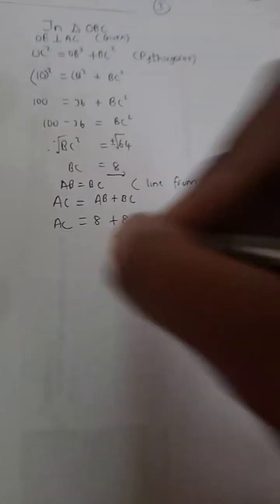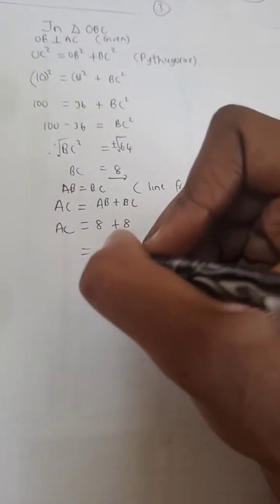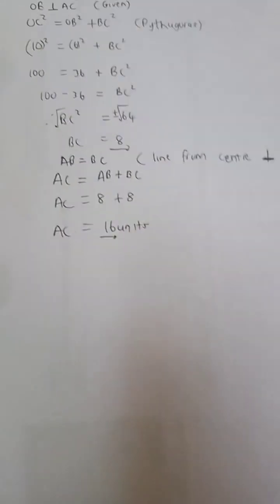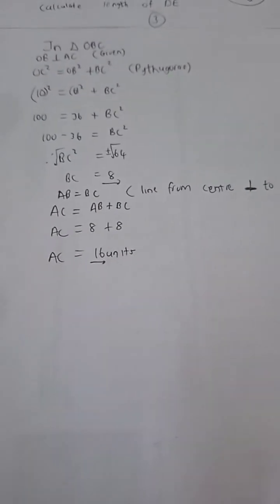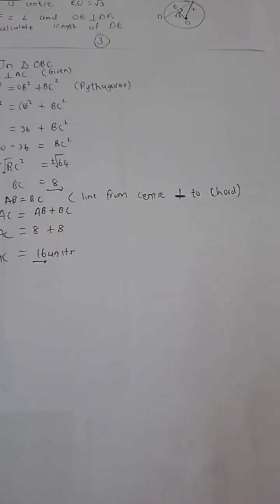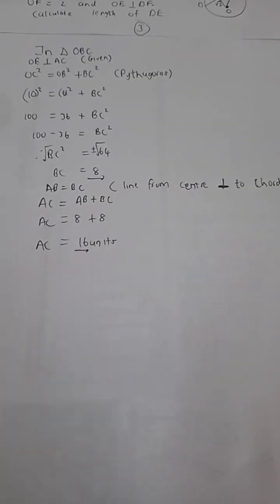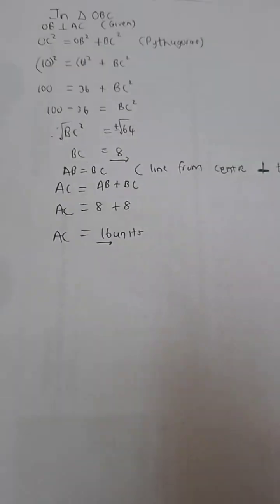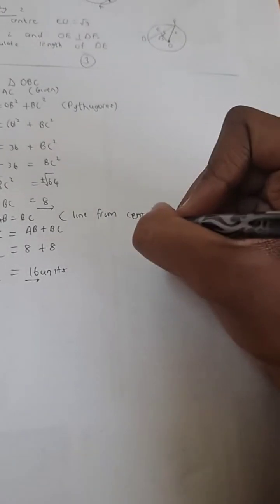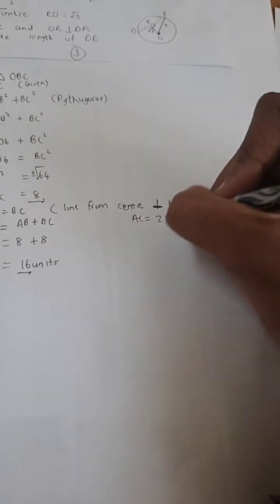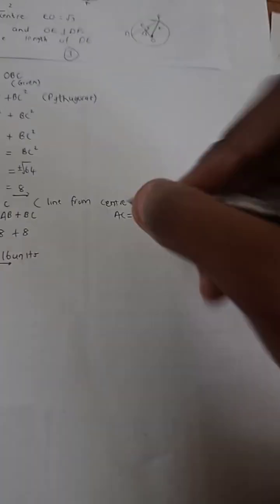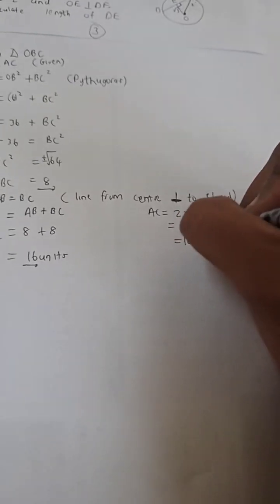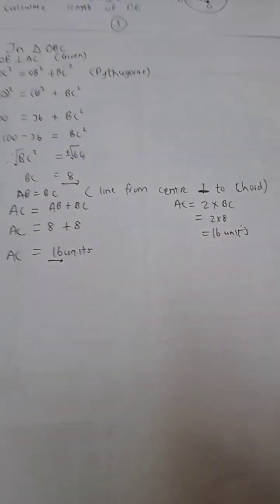AC is equal to 8 plus 8, and obviously AC is equal to 16. 16 what? Units. Someone else could have said AC is equal to 2 times the length of BC. That's also fine. At the end of the day, we're still rolling with the same thing.